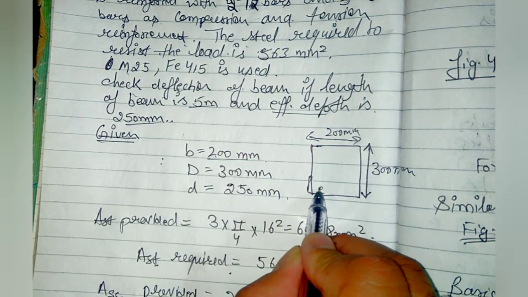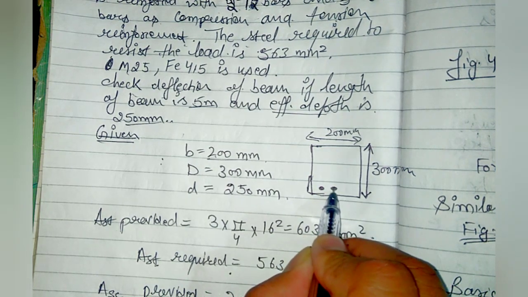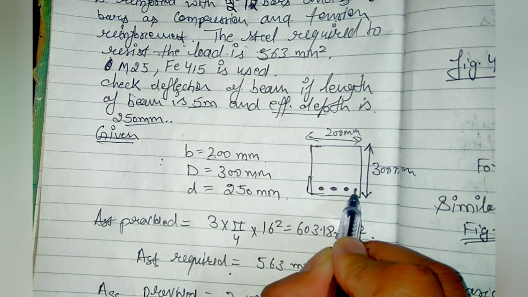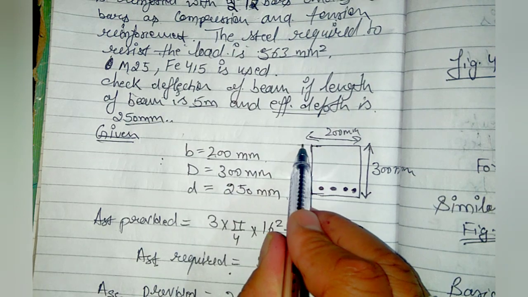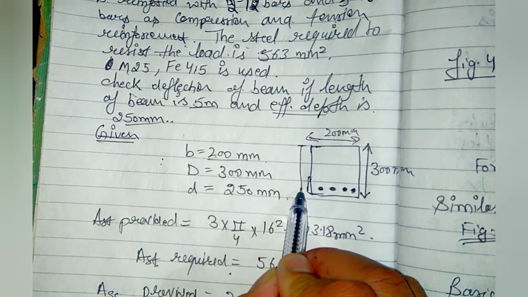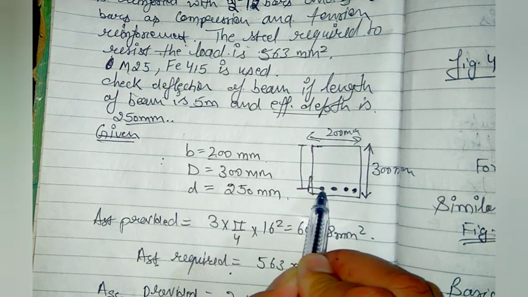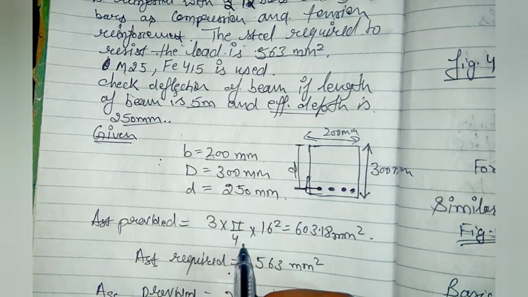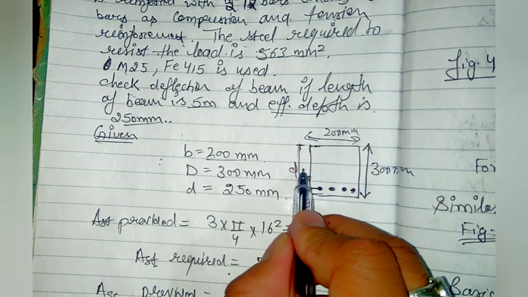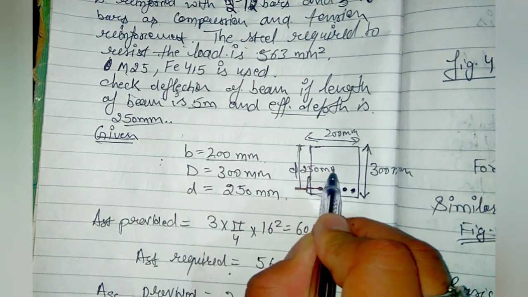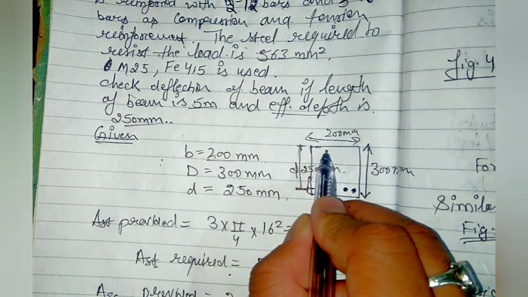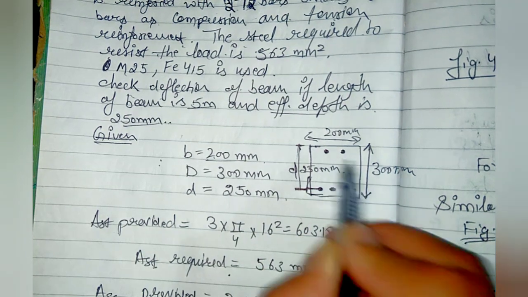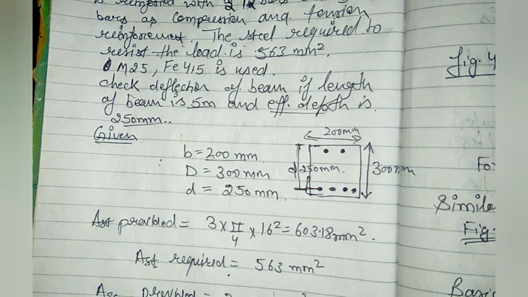What will be the effective depth if this is the reinforcement provided here? The effective depth will be from the top of the section to the center of the tensile reinforcement. This is given as 250 mm. In this section we are also provided with compression steel. So this is your problem here.